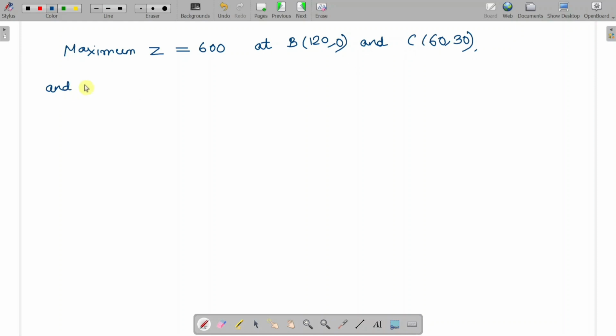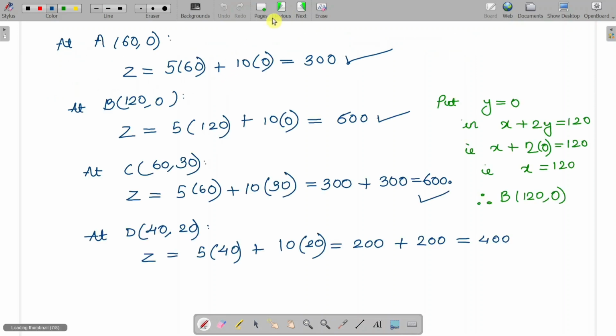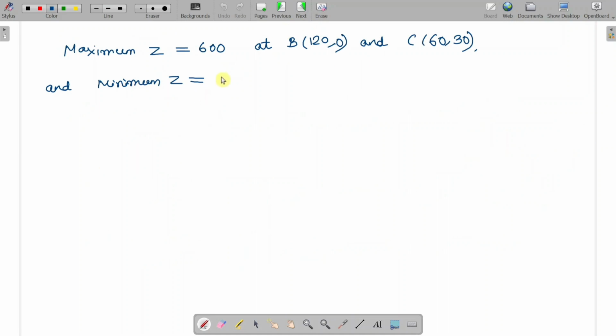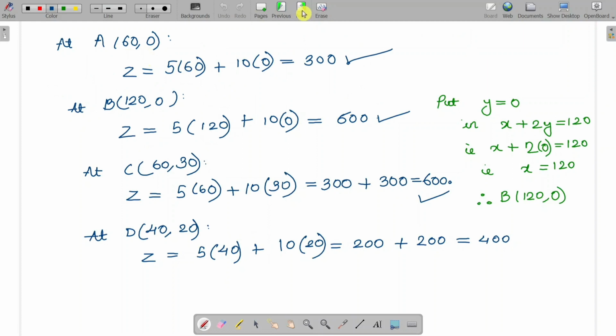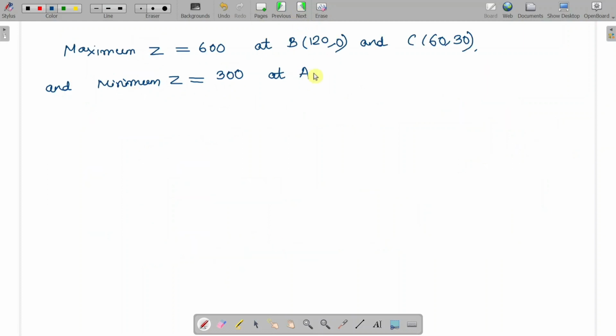And minimum, so that is Z equal to 300 at point A, which is 60 comma 0. So this is the solution.